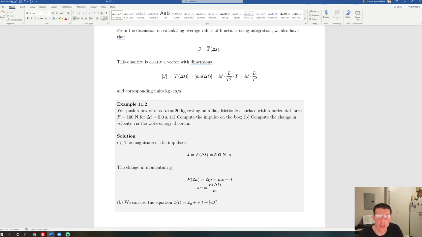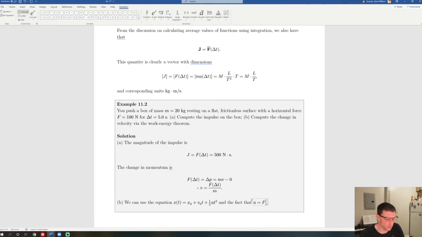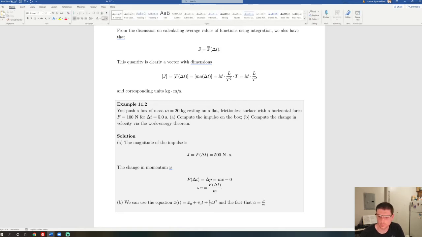This is from kinematics. It's one of the first equations I think we arrived at. And the fact that, rearranging Newton's second law, we find that the acceleration is just the force divided by the mass, right?